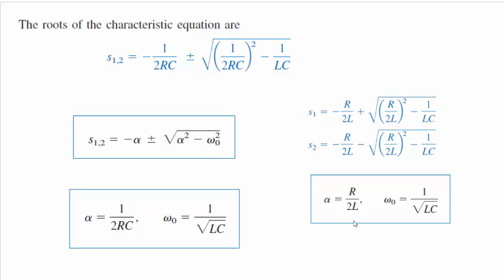And this is the alpha for the series circuit also. So they're a little bit different just because the coefficients of the differential equation are different, but very, very similar. The natural frequency, interestingly enough, is the same, but the damping part will be different. So this is the parallel case, and this is the series case.